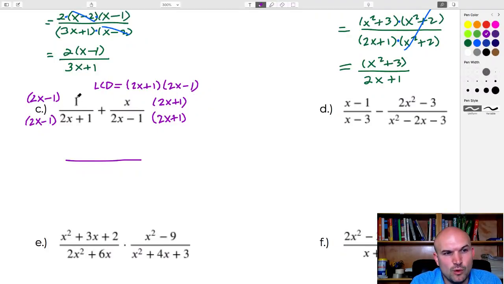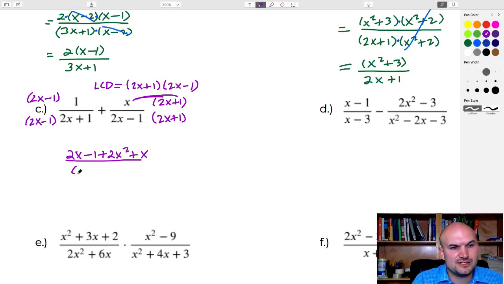Here I have 1 times 2x minus 1, which is just 2x minus 1. And over here, I have x times 2x and x times 1, so that's going to give me a positive 2x squared plus x. And that's all over my common denominator, 2x minus 1 times 2x plus 1.